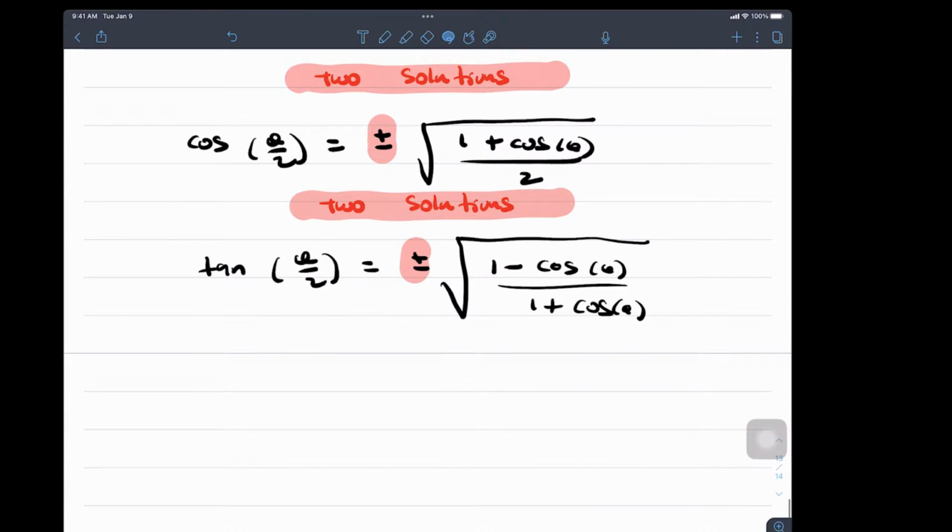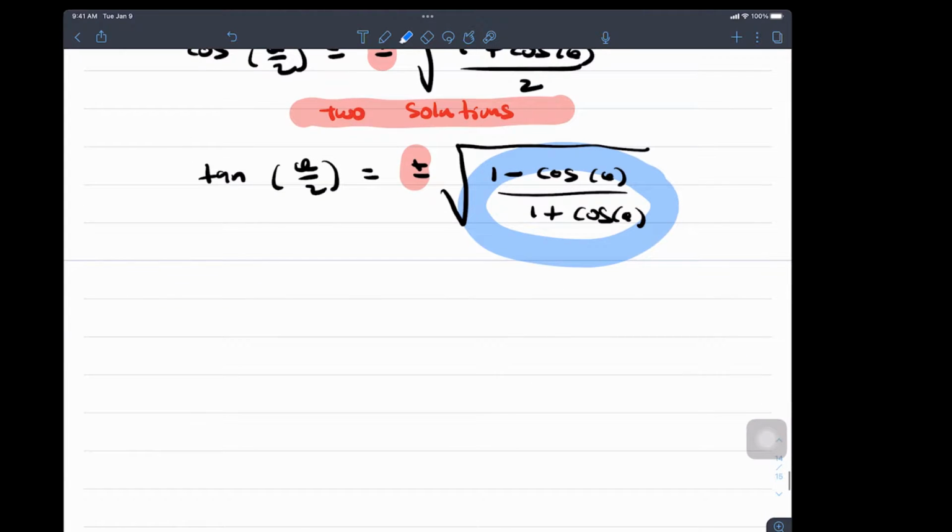Now, I want you guys to notice something right in here. I want you to consider this. Let's actually look at this deeper.